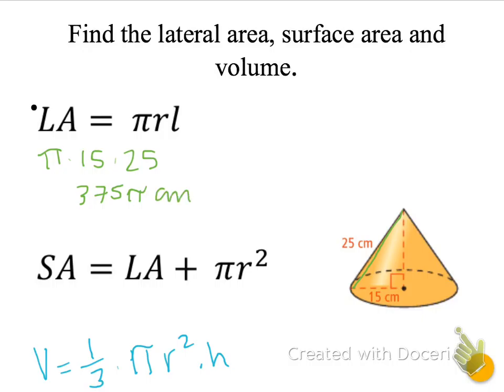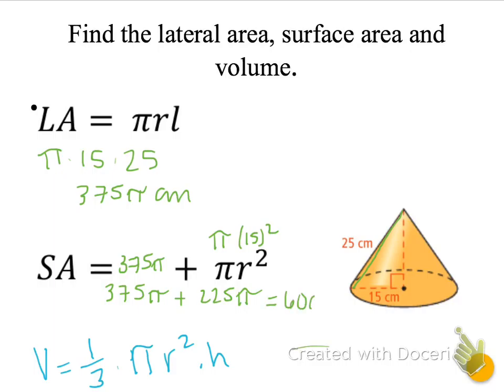If I then take this lateral area to find surface area, it's 375 pi, and then we have pi times my radius, 15 squared. 15 squared is 225. So 375 pi plus 225 pi gives me my surface area, 600 pi centimeters squared.